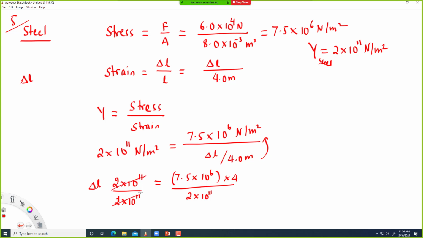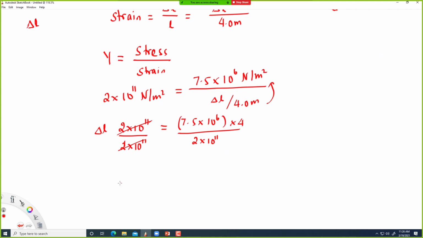That cancels. So delta L would be 7.5 times 10 to the 6 times 4 over 2 times 10 to the 11, meters. You can find that out using a calculator.